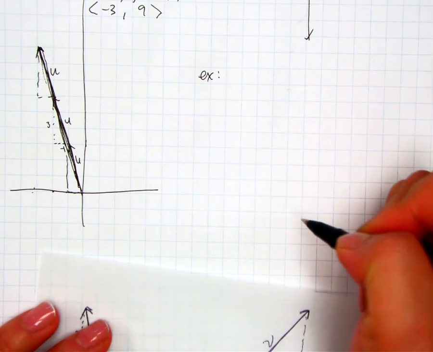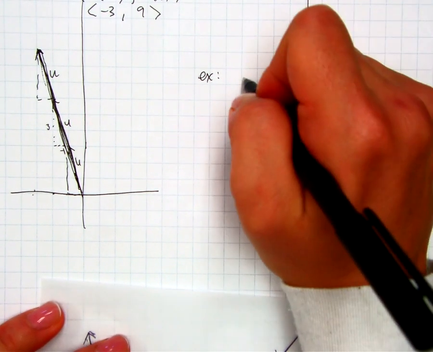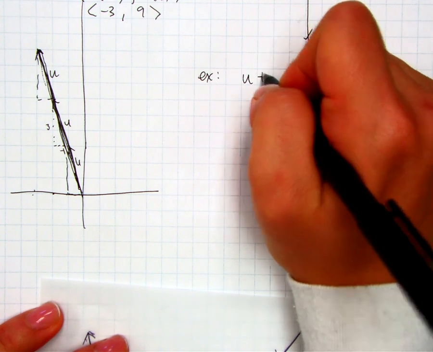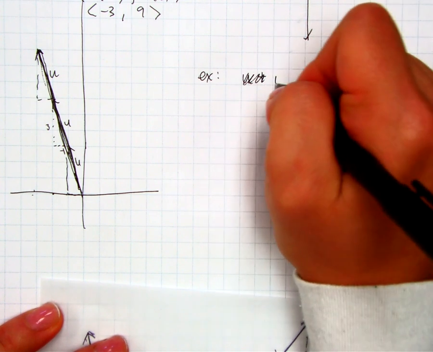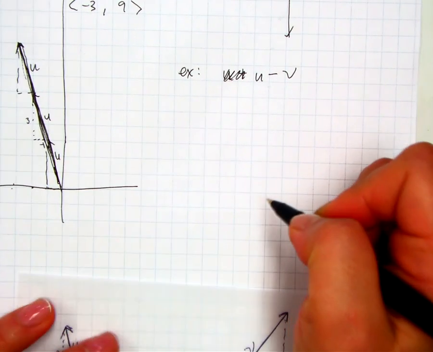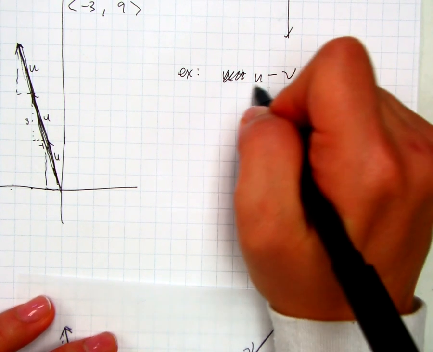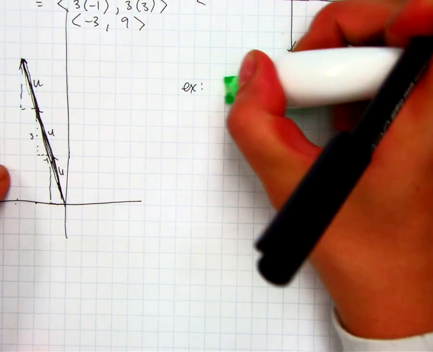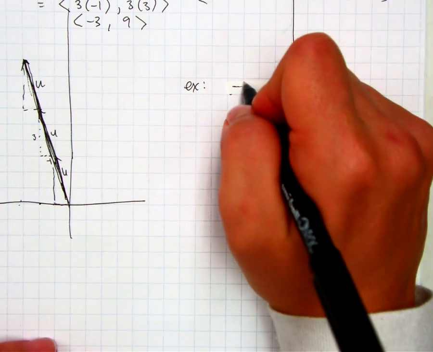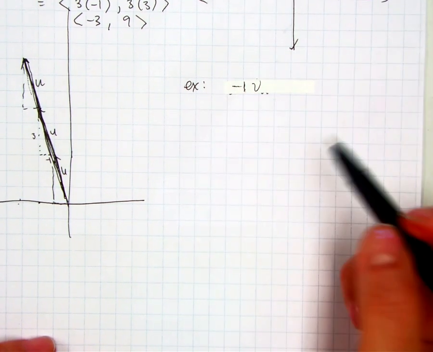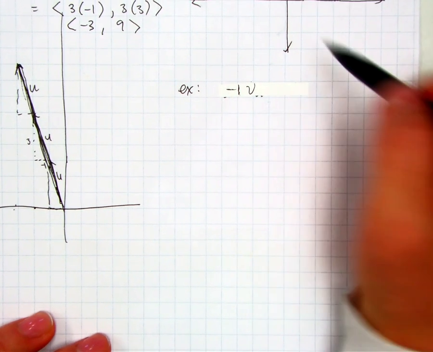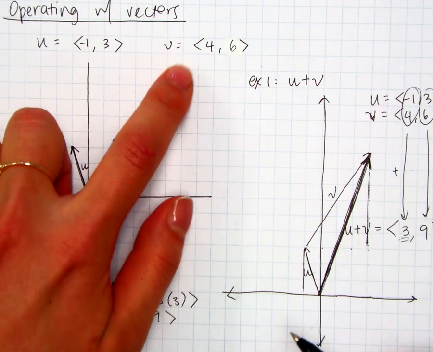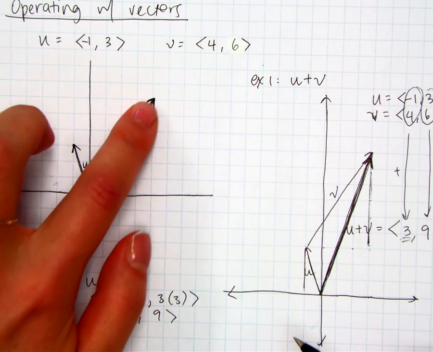What happens if I subtract? What if it's u minus v? Well, it's the same idea. If it's u minus, no, let's go back. How do I do -1 times v? So the vector v, I'm going to negate.